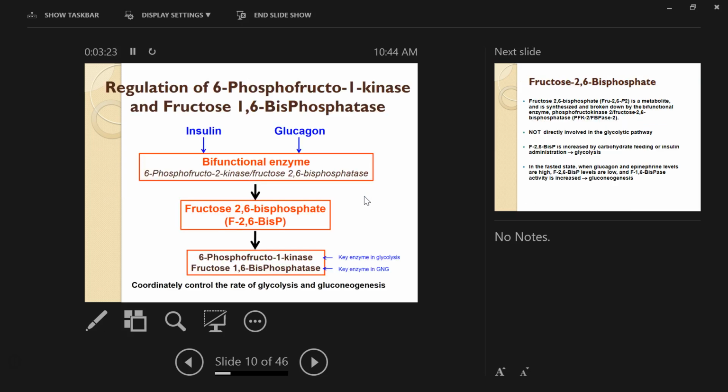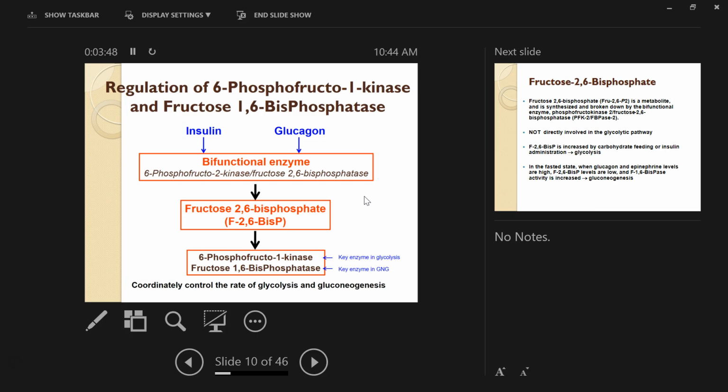But the bifunctional enzyme actually has phosphofructose 2 kinase. That means this enzyme catalyzes a different reaction than the key enzyme. And fructose 2,6-biphosphatase is similar, an enzyme that catalyzes different reactions.